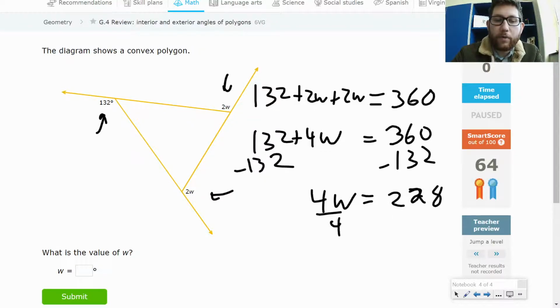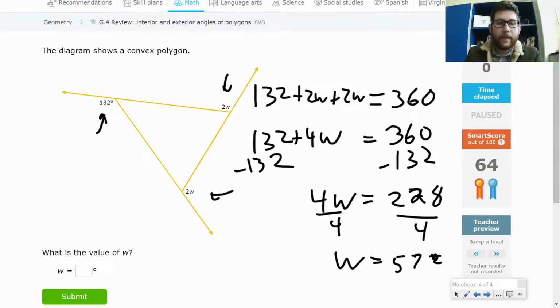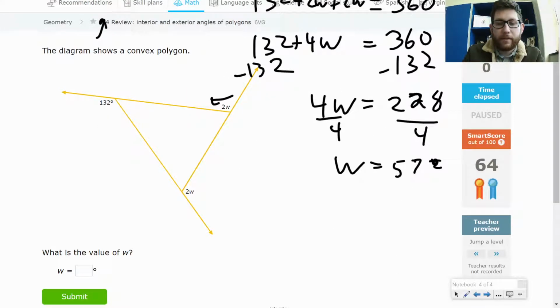I'm going to divide by 4. And so w is going to come out to, sorry, should come out to 57. All right? And then that would be my answer, and I would type 57 in.